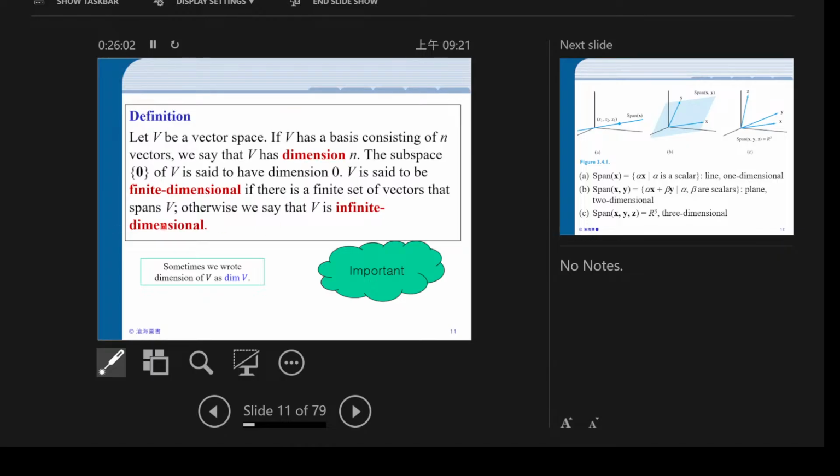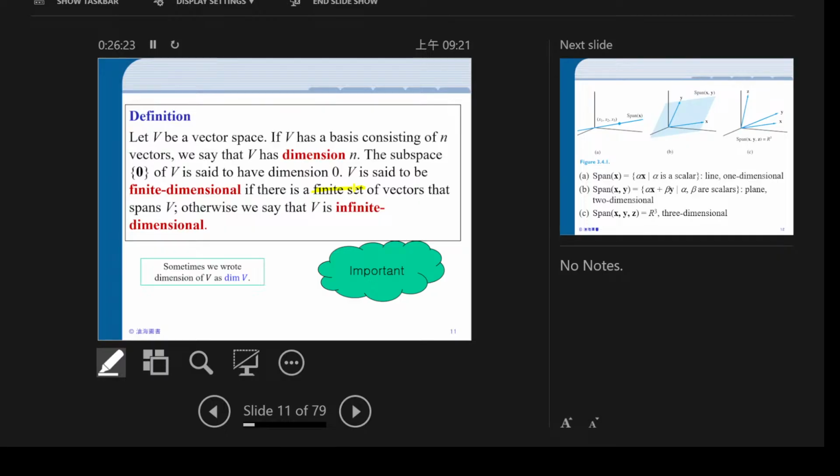Okay, it's weird to define the dimension of an infinite dimensional vector space. But I think in most of our course we deal with finite dimensional vector spaces, where everything is nice and you can find a finite set that spans your vector space.